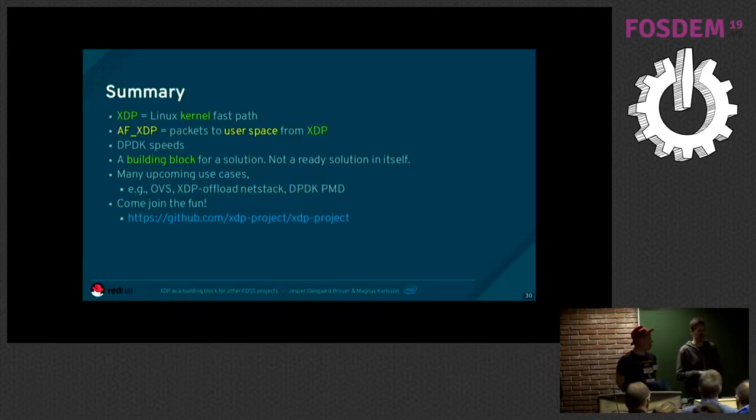We call it generic XDP. It works by allocating the SKB and converting it into something that is contiguous memory. Of course you lose performance, but the performance of that mode is still 3 times the performance of AF_PACKET.